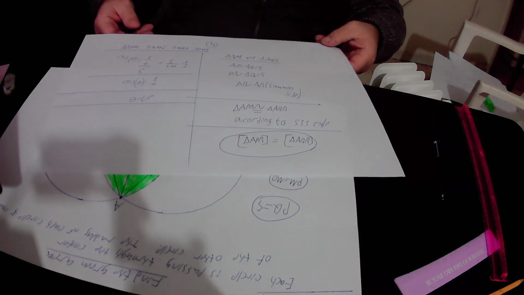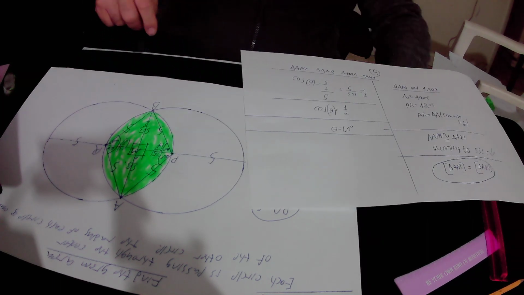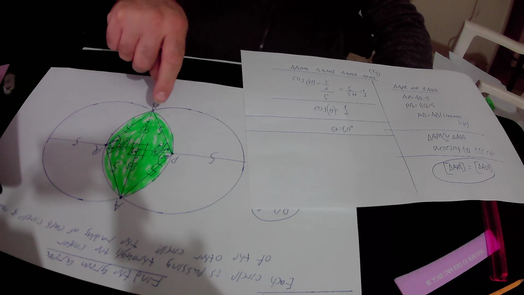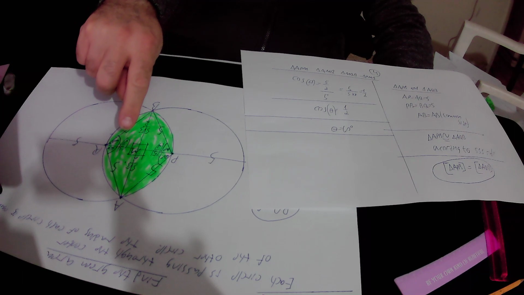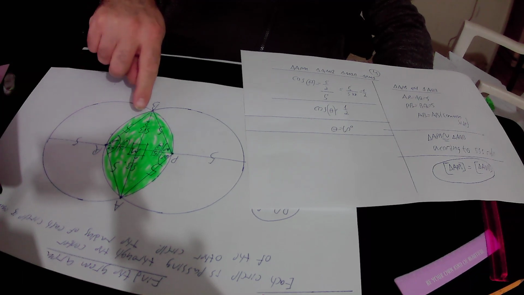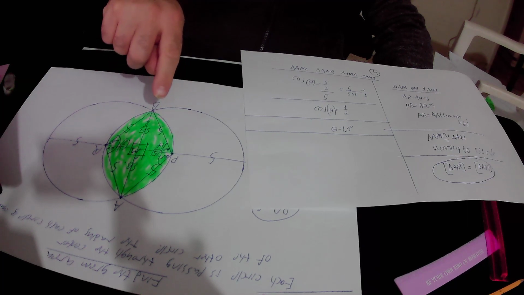Then we focused on four right triangles: the right triangle APM, the right triangle AMQ, the right triangle BQM, and the right triangle PMB.